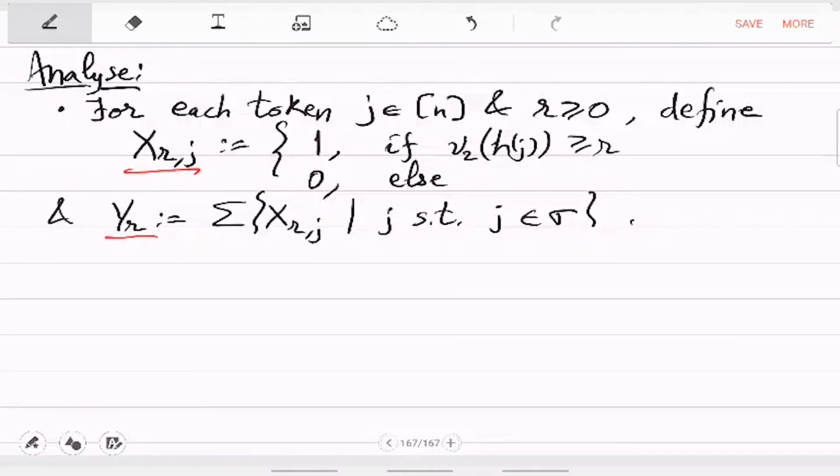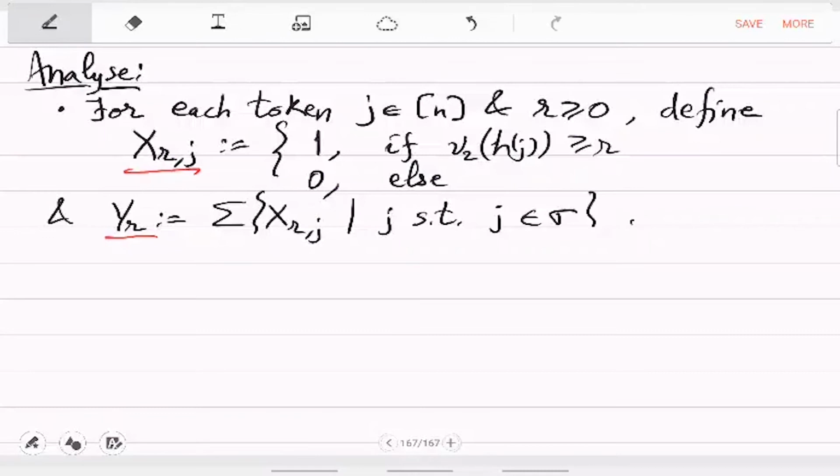So, for all these tokens j which appeared in the stream, they may appear many times, but at least once they appeared. We are defining these random variables x_r,j to capture whether the hash image of j has a valuation that is at least r, and y_r then means that there was some token whose hash value is divisible by 2 raised to r or more.